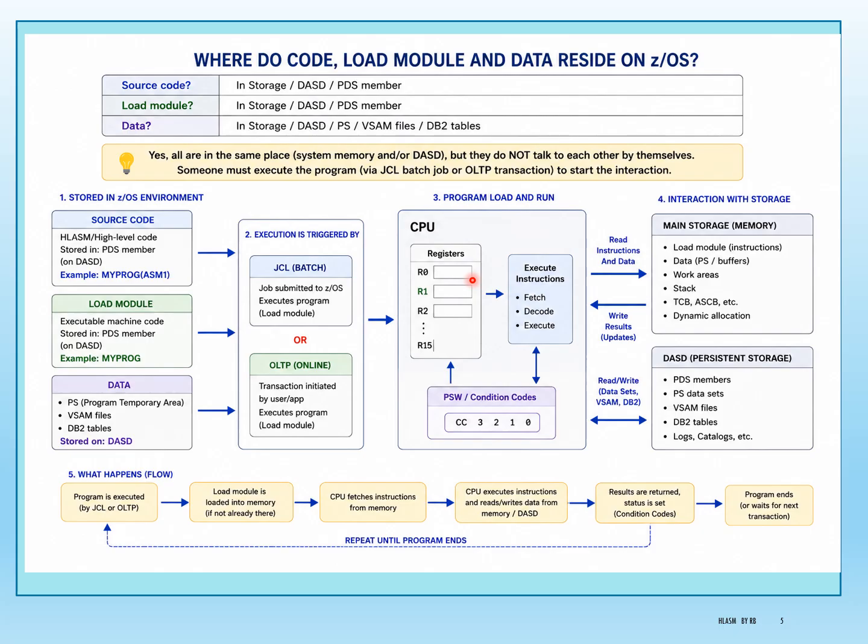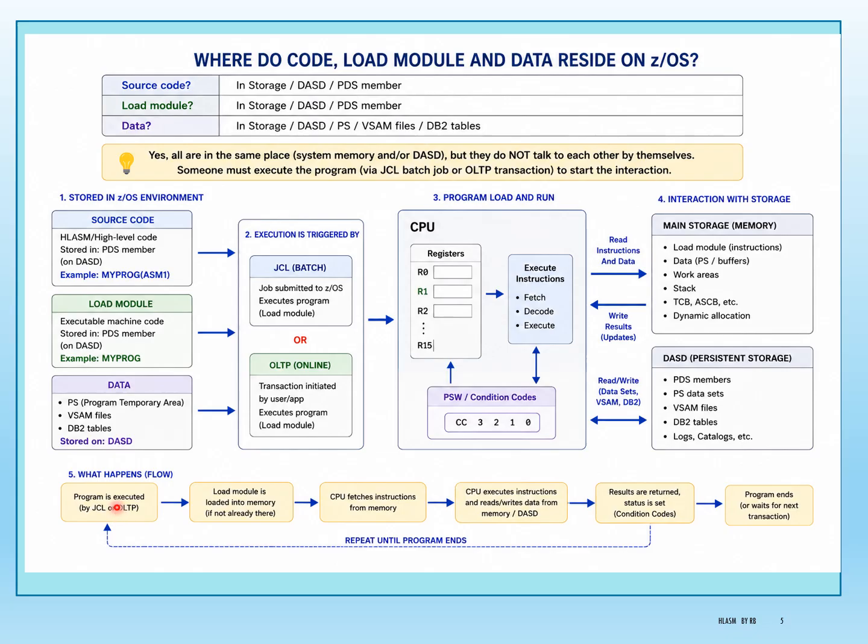So your instructions and your data are going to and fro between your CPU and the storage. And maybe you have to read or write the data back. You write into your temporary storage, and from there it goes back and writes into a DASD file.